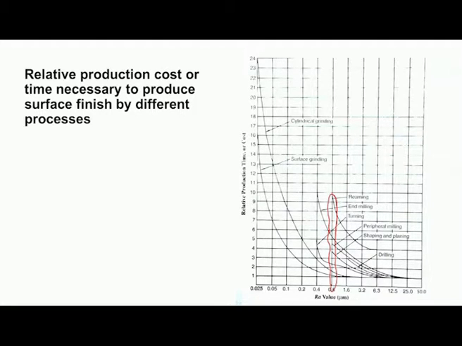Since grinding machines are basically meant for finishing operations, it is better to use cylindrical grinding or surface grinding whenever we require very fine surfaces. Whereas, if we require finishes finer than 0.4 micrometer Ra, then naturally we have to go for the grinding operations.